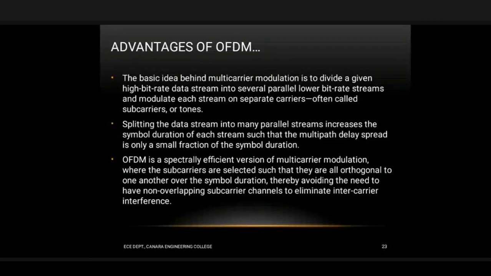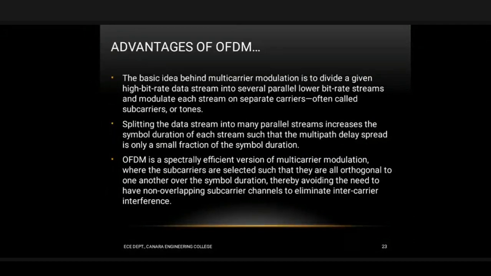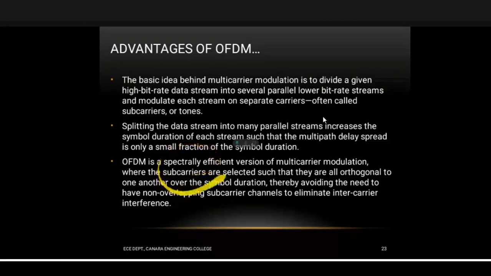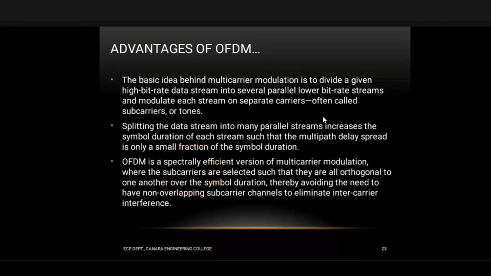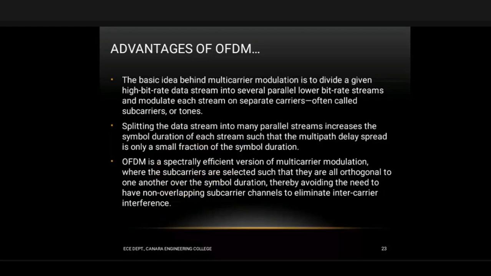OFDM is a spectrally efficient version of multi-carrier modulation where subcarriers are selected such that they are all orthogonal to each other and they are all overlapping with each other. So spectrally efficient, this term is important. That means, in normal transmission, we want to make sure that there is enough gap between two frequency bands.